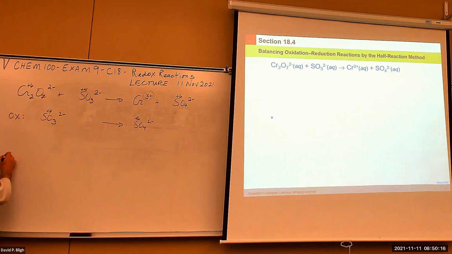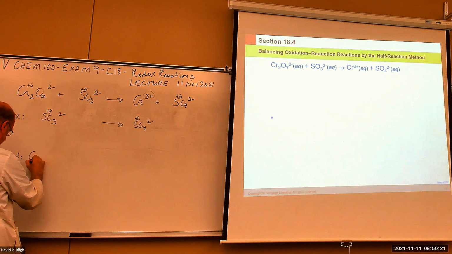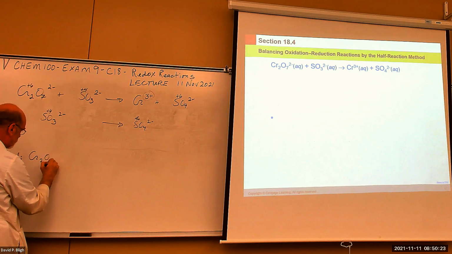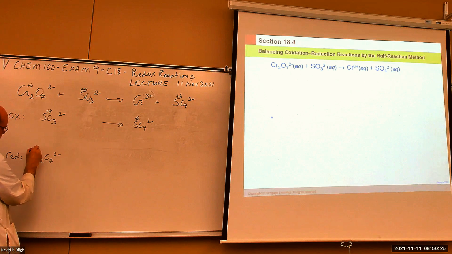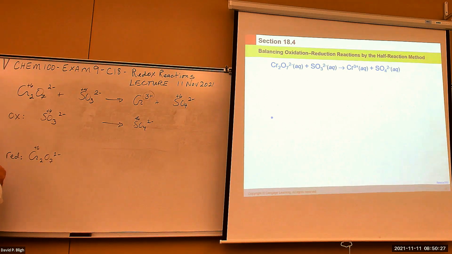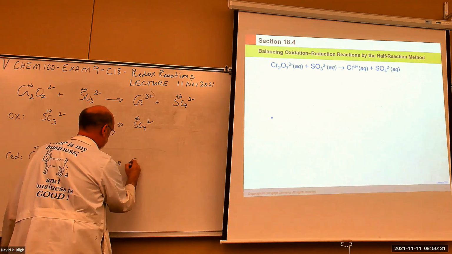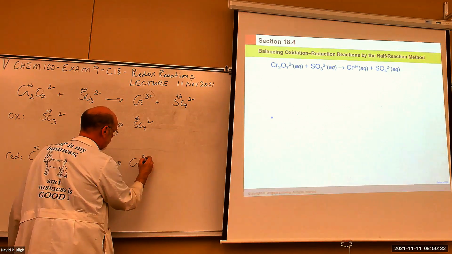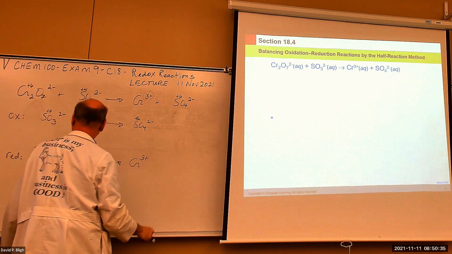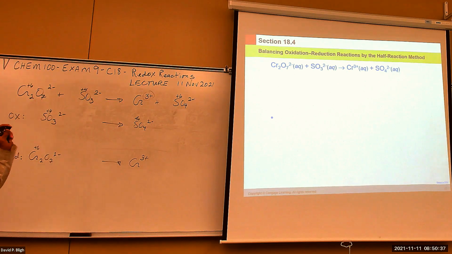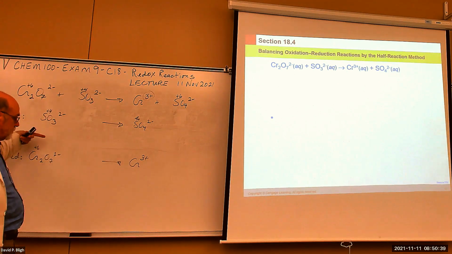Okay? The reduction half reaction then would be dichromate with a plus 6 oxidation state on the chromium and the chromium 3 plus ion. Okay? Now we've got our half reactions separated.